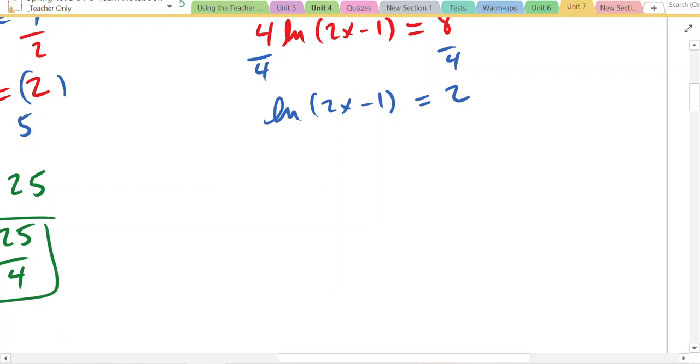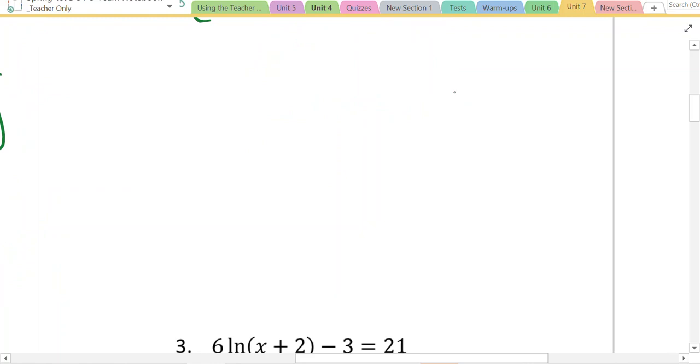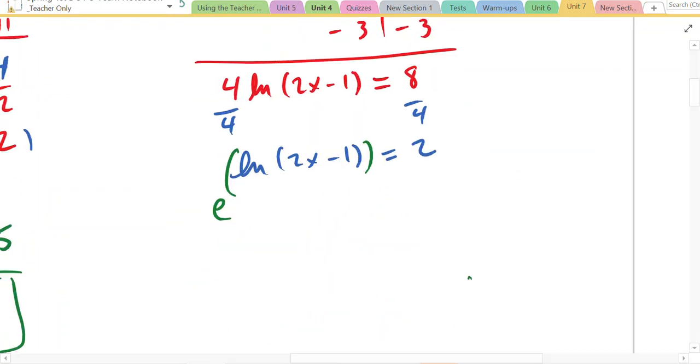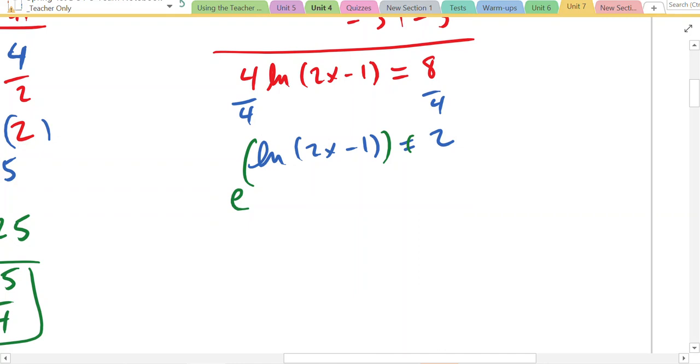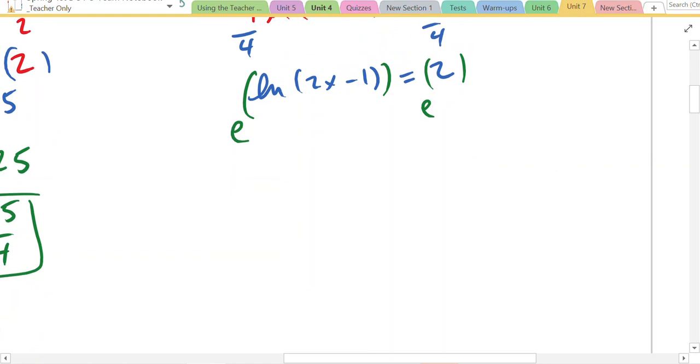And then now we know that the inverse of natural log is the exponential function. So it's exponential base e. Sorry about that. It just jumped on me. We take the exponential of both sides, which are inverses. Those inverses undo each other.